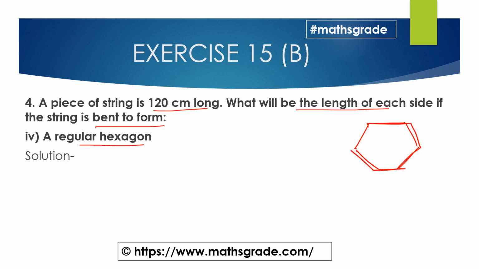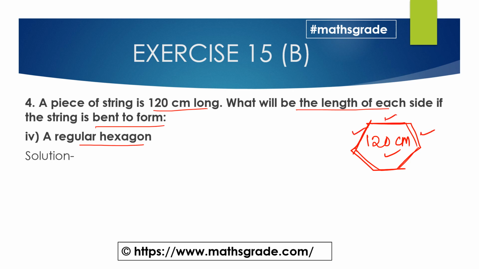So the sum of these 6 sides is equal to 120 cm, which is the perimeter of the regular hexagon. We have to find all the 6 sides of the regular hexagon, that is the length of each side of the string.